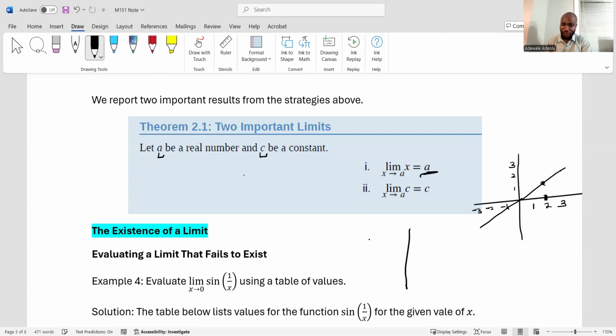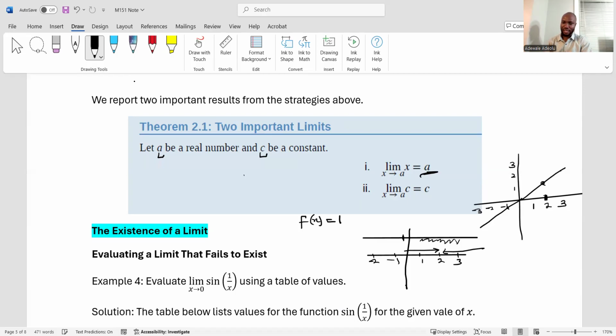And if it's a constant function, let me give an example. F of x, let's say equals 1. So we draw it this way, right? Now, at any point of x, let's say 1, 2, 3, -1, -2, any point you want to test, as x approaches 2 from this side, the y value stays the same.